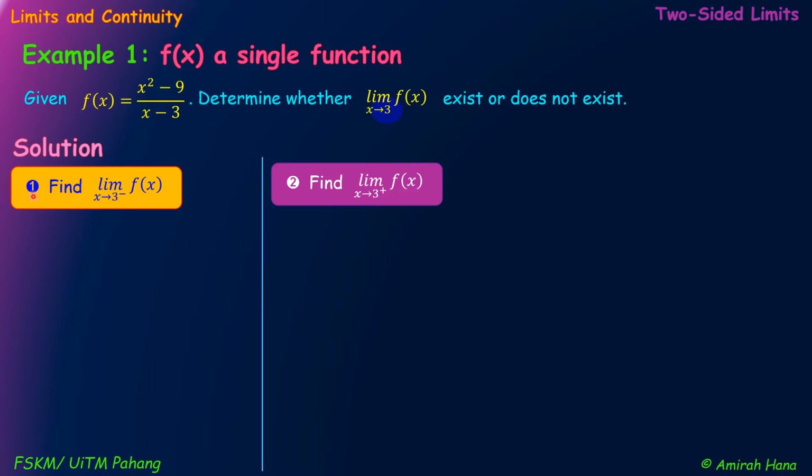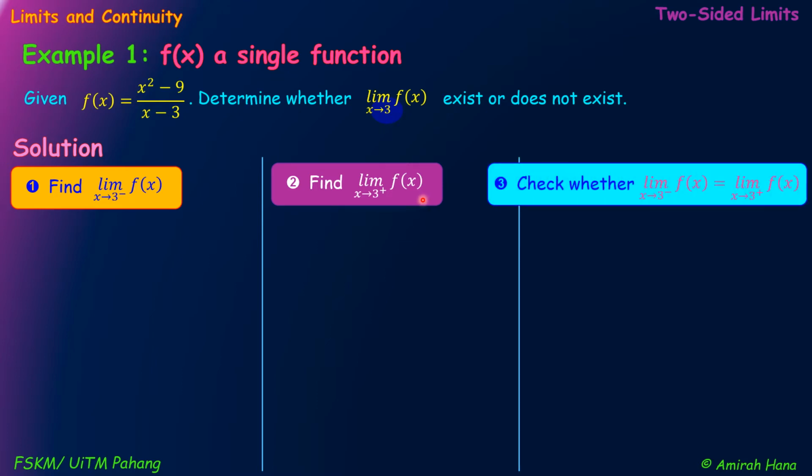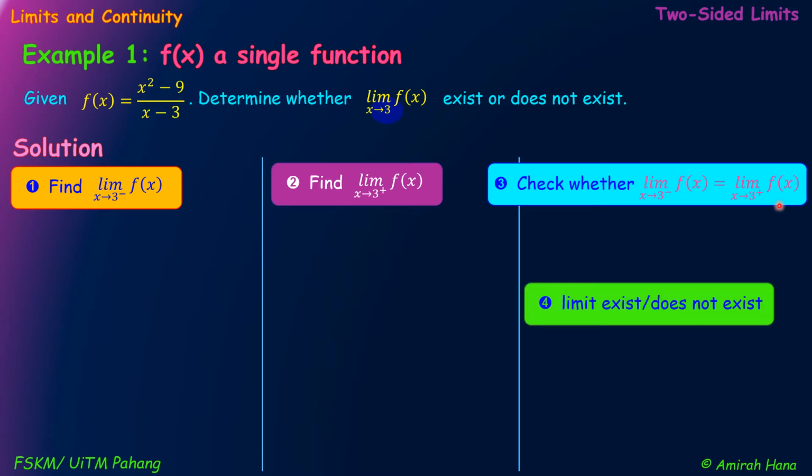Then step 3, we need to check whether the value of limit x approaches 3 from the left f(x) equals limit x approaches 3 from the right f(x). And then step 4, we can conclude whether limit x approaches 3 f(x) exists or does not exist.